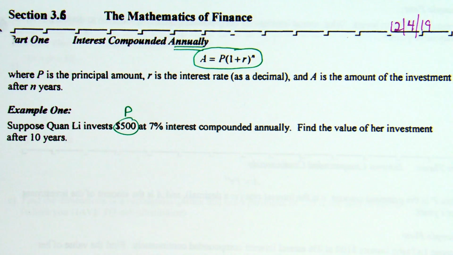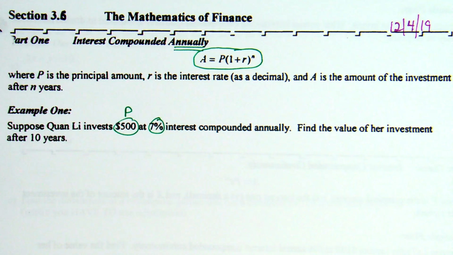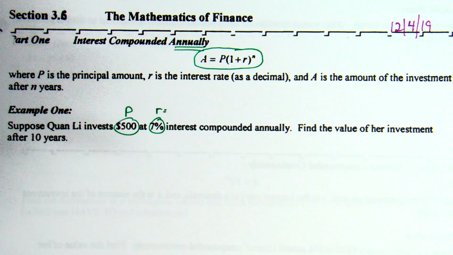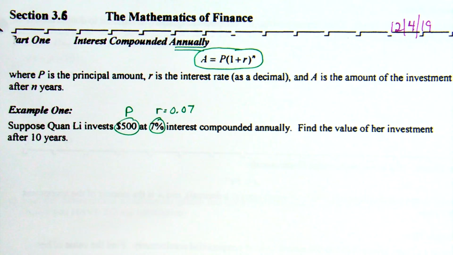What else? 7% is our interest rate, so R itself will just be 0.07, right? We'll end up adding that to 1, yes, but it'll be 0.07. What else do we know?